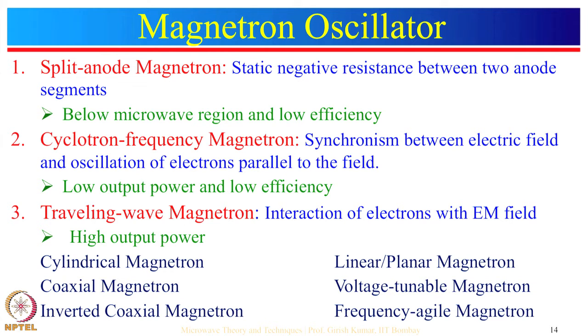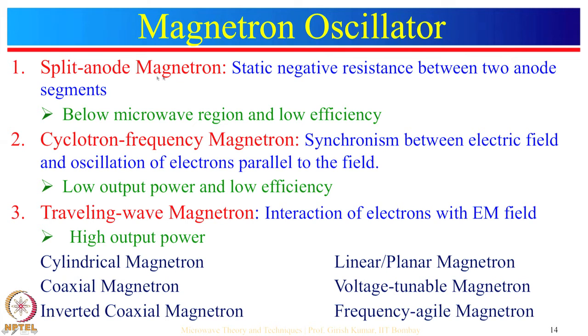And because of these crossed fields, the movement of electrons will be in a curved path. These magnetron oscillators are of three types. First one is the split-anode magnetron, second one is the cyclotron frequency magnetron, and the third one is the traveling wave magnetron.